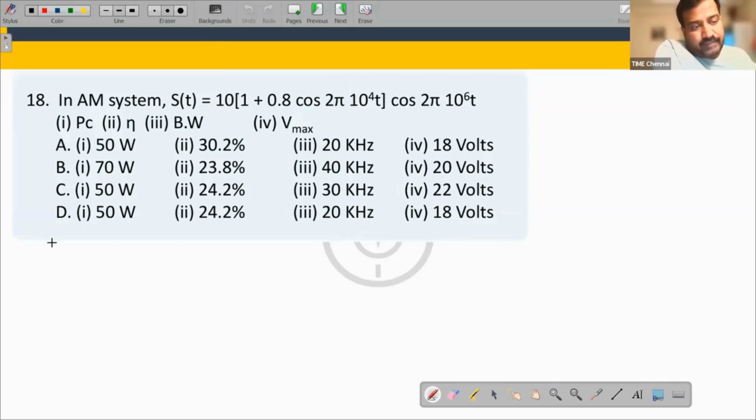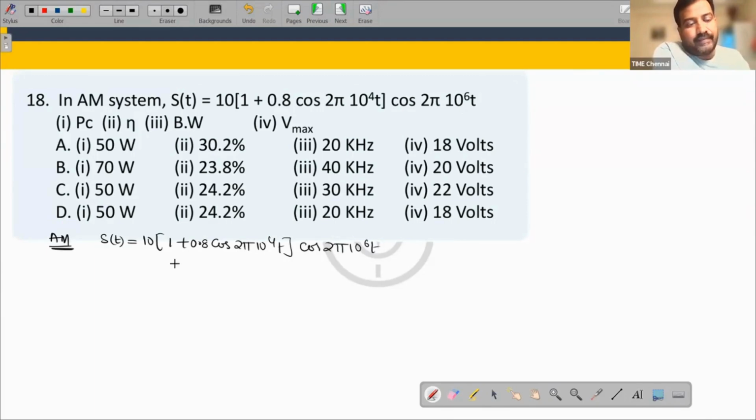In an AM system, S of t is given as 10 into 1 plus 0.8 times cos 2 pi into 10 power 4 t, cos 2 pi into 10 power 6 t.